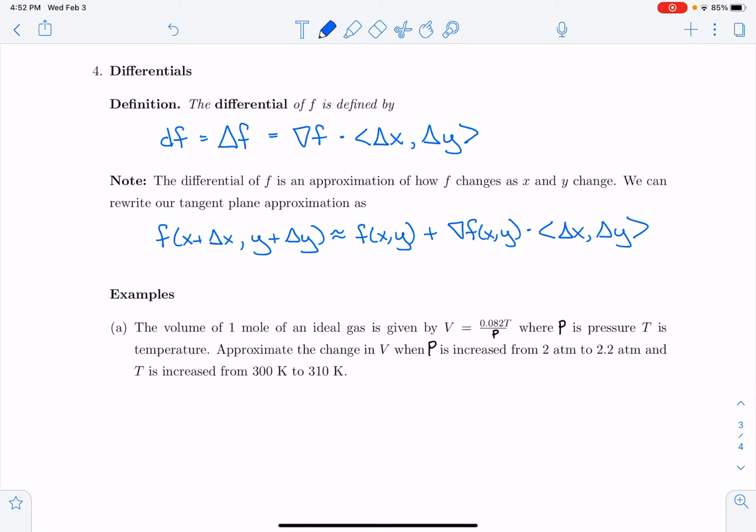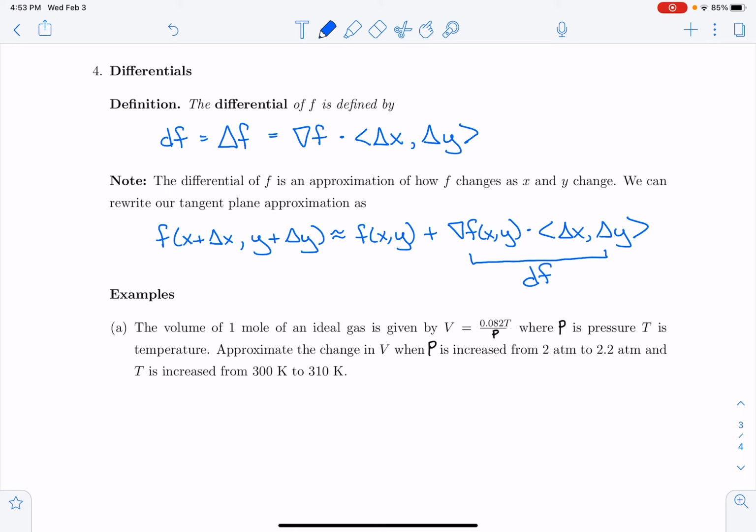So this part here of the linear approximation is df. The differential is how much the function changes by when you do a linear approximation. And you see these differentials used often in applications, especially in things like chemistry or any sort of science where you're doing measurements.